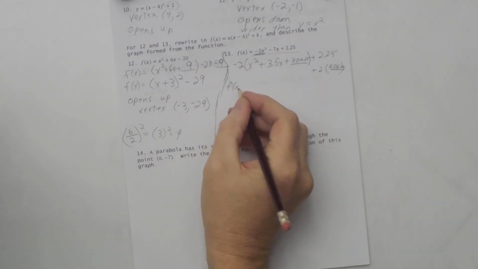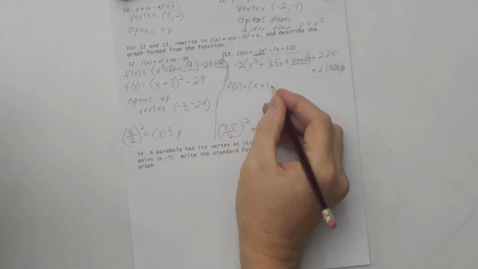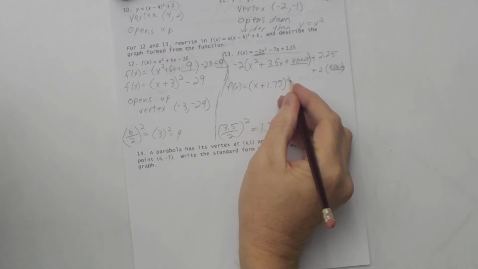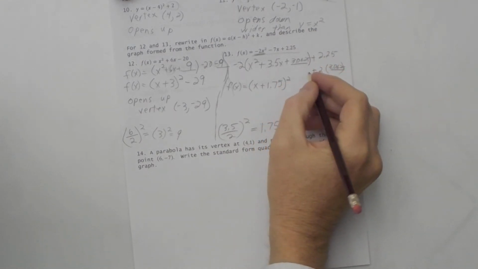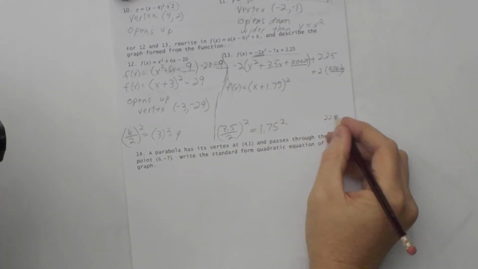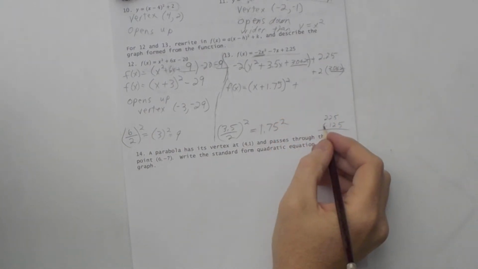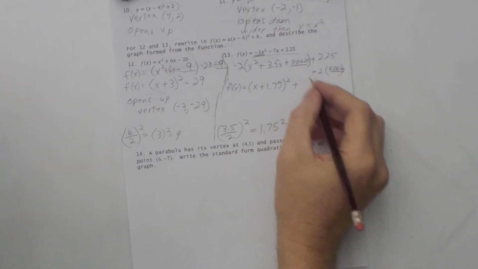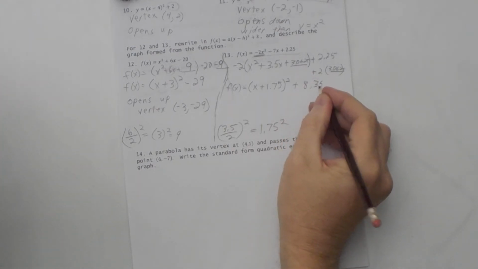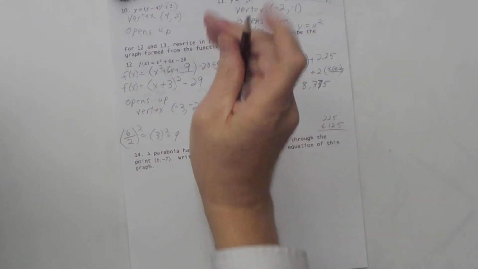So here, f of x equals (x plus 1.75) squared. And this is 2.25. Let me just do that. 2.25 here and 6.125 here. That looks like 8.375 here. All right. Oh, don't forget that -2.